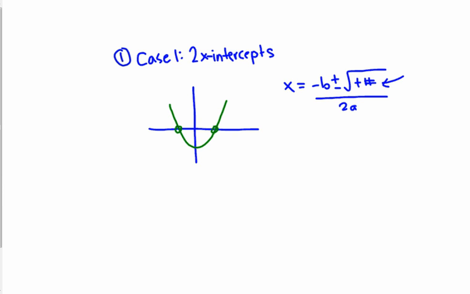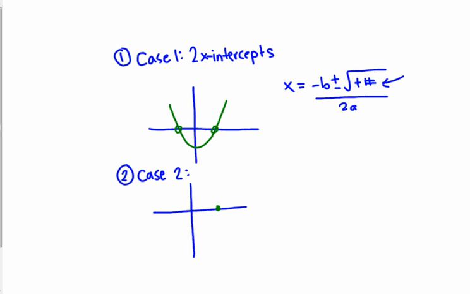The other case, case 2, is how else could the graph look? There's three different cases. One, it crosses twice. Can you guess what the other case is? It crosses it once. It's basically the vertex is on the x-axis.